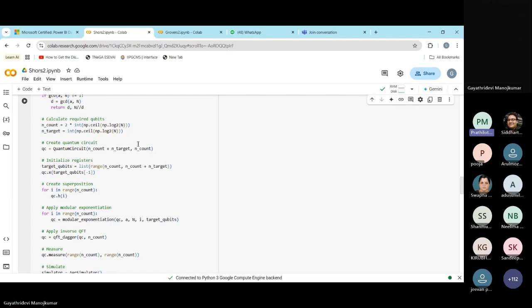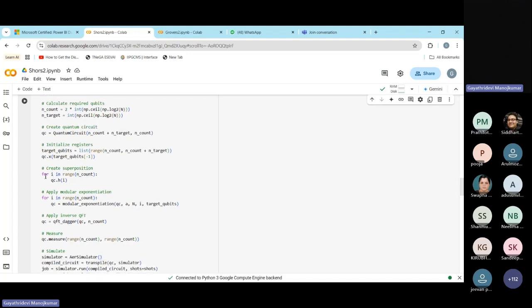The targeted register is initialized to 1, typically done by an X gate on the least significant qubit. Next, we apply the Hadamard gate to create a superposition. Each qubit in the counting register is put into a superposition with the Hadamard gate, which creates an equal superposition over all possible values.